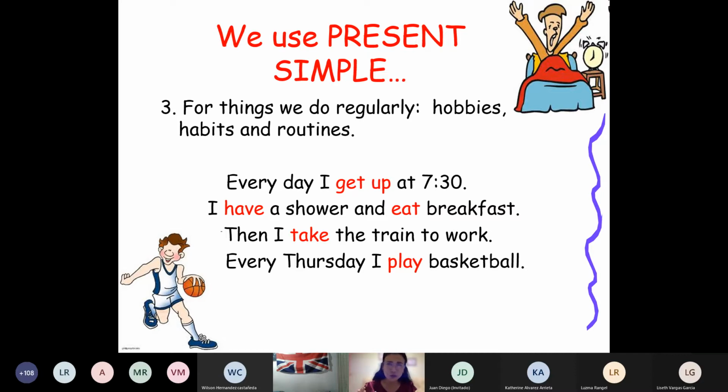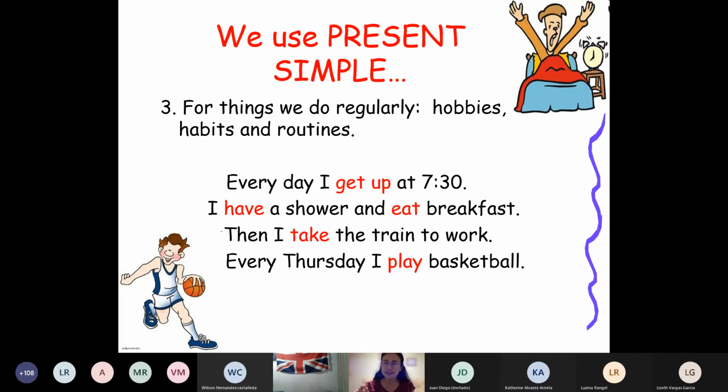But if you want to talk about a third person singular, you have to add an S to the verb. For example, if I say every day, Gloria gets up.